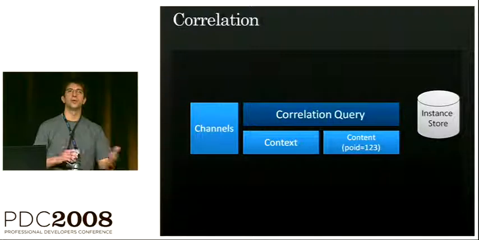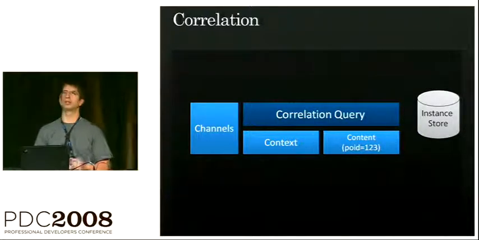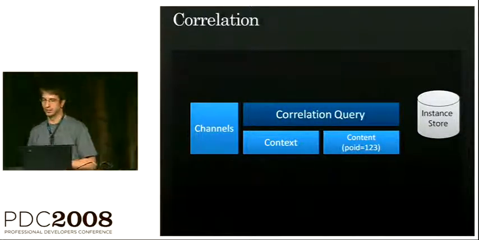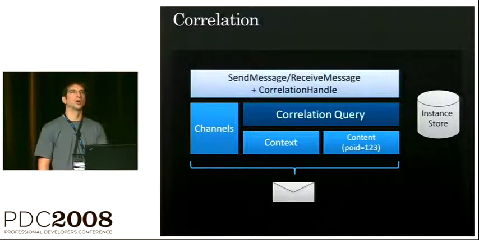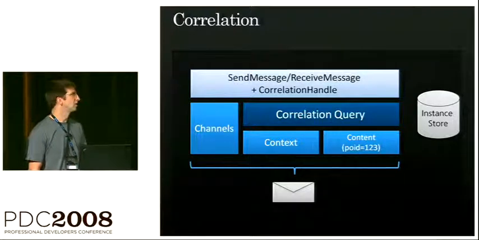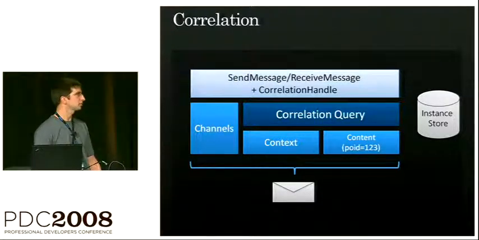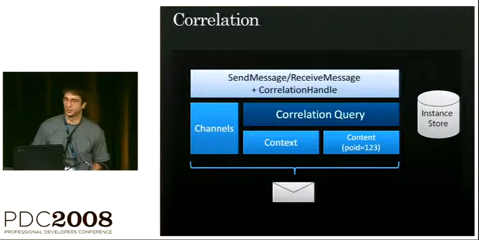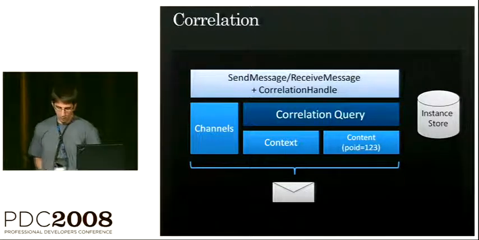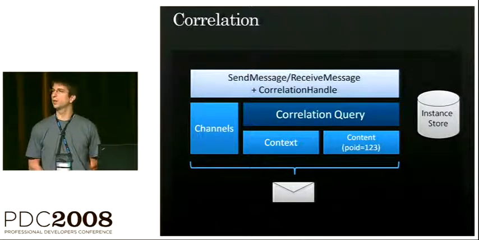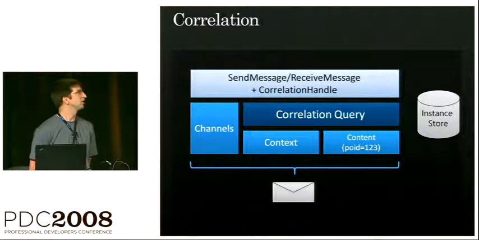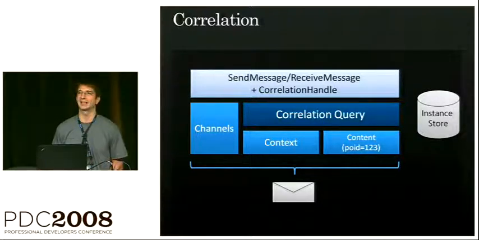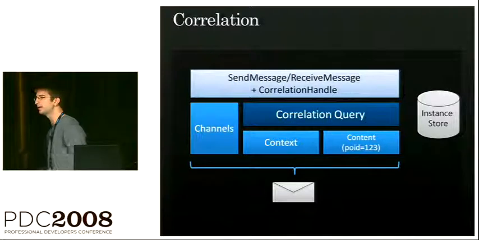When we thought about all the different ways that messages can be related to each other, messages can be related to instance state, we came up with a unified programming model that works over all correlation mechanisms and allows you to define your app protocols abstractly from the mechanism that you're using. So there are two parts to this. First, we broke down all of our primitive message exchange patterns, all of our primitive protocols to work over one-way messaging activities, the send message and the receive message.